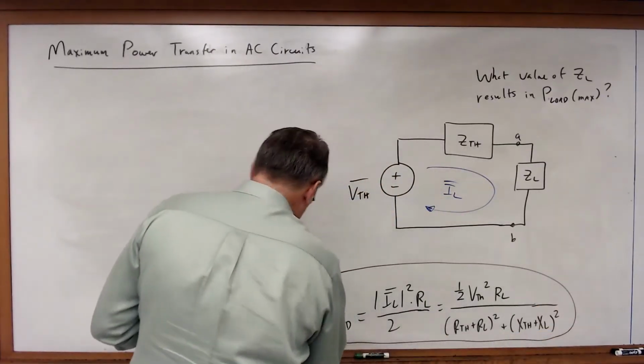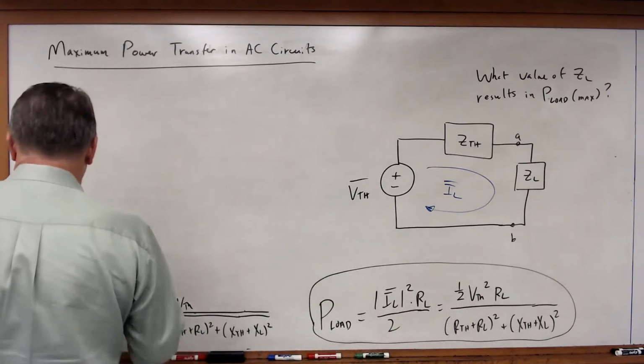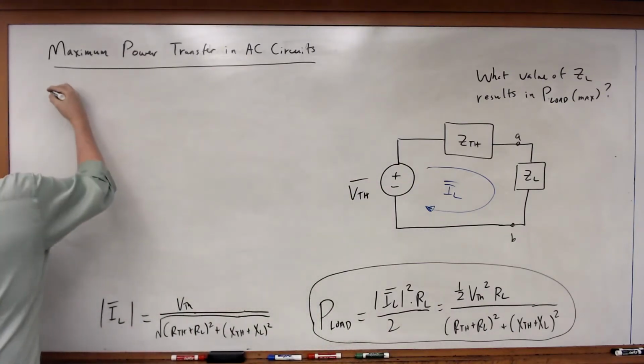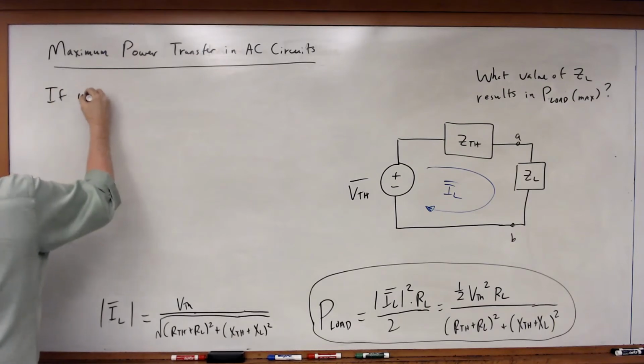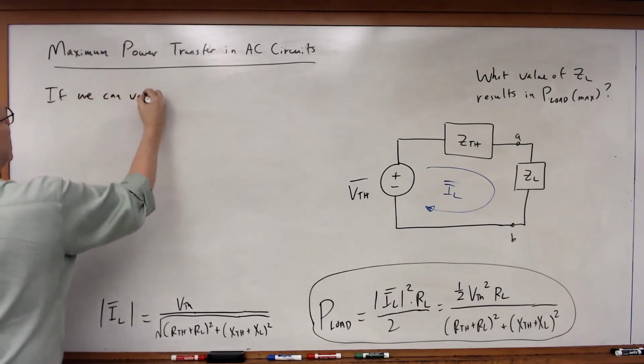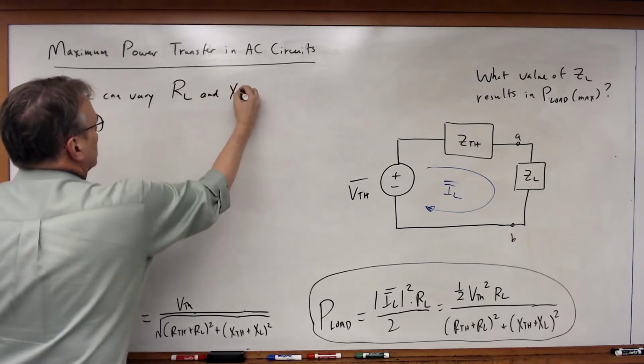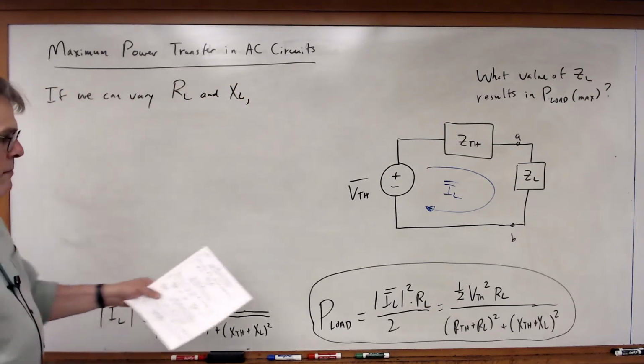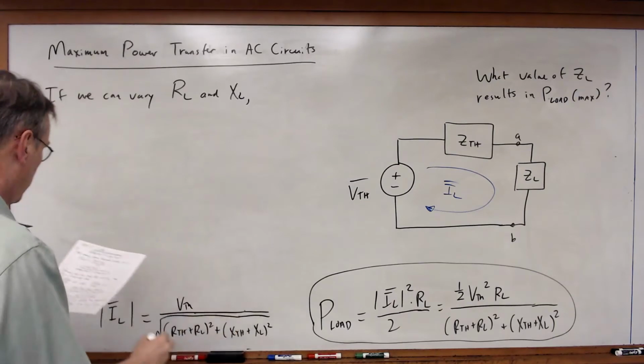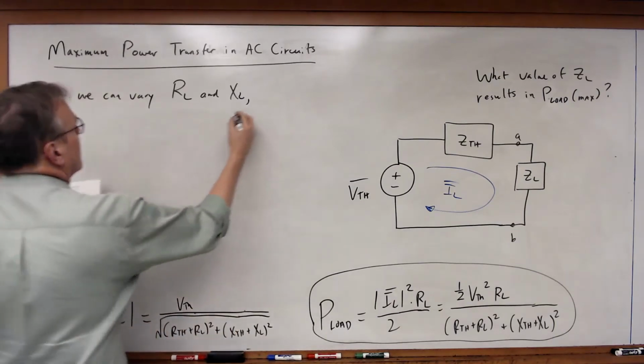So given this, if we can vary RL and XL, then P load is maximized when the following is true.